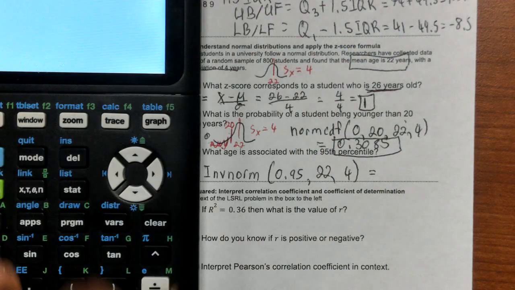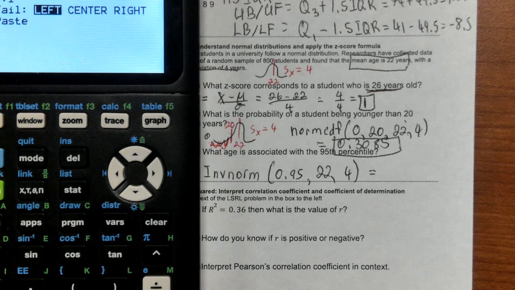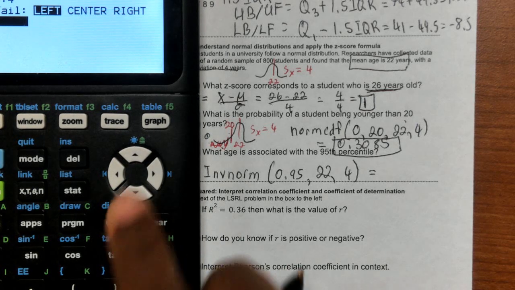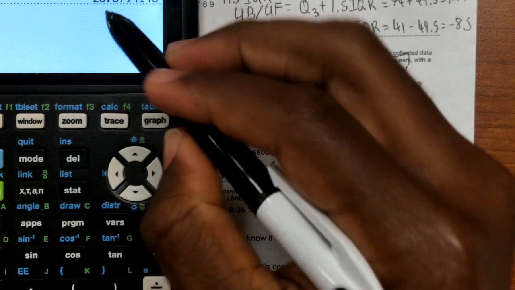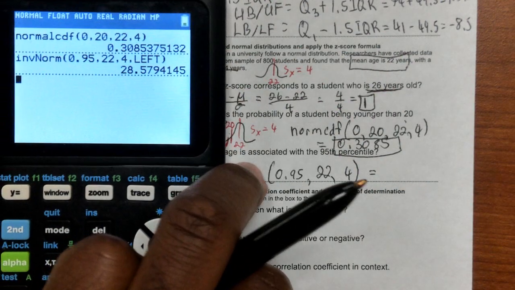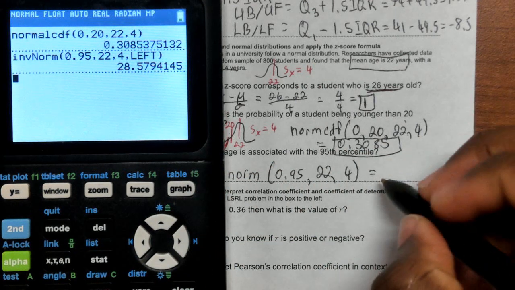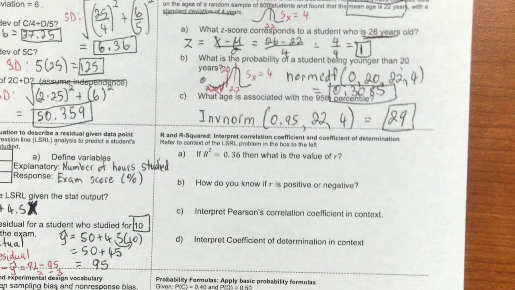So when I plug that in, I press second function vars, inverse norm, all right, so 0.95, then my mean of 22, standard deviation of 4. I'm looking at that left side, all right, so that would give me an age of 28.579, all right, that will round to be 29, all right, because again, it's age, so you can't be 0.5 of age, okay?